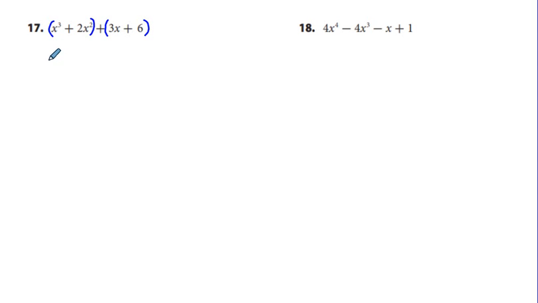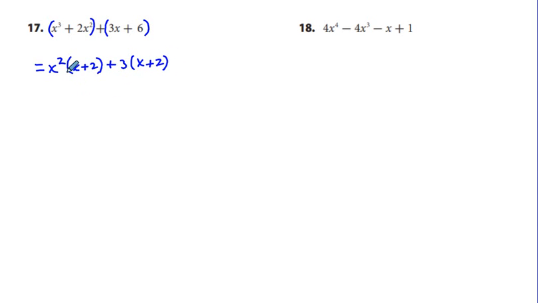That's going to be x squared. So we have x squared times quantity x plus 2 plus, in the second group, what is our greatest common factor? 3. And we're going to have 3 times quantity x plus 2.